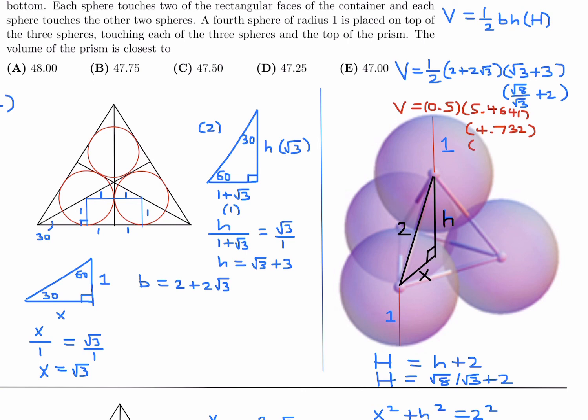That is approximately 3.633. And when you crunch out all those numbers, you get approximately 46.97. And therefore, the volume of the prism is closest to, 46.97 is closest to 47 among the answer choices, which is E.